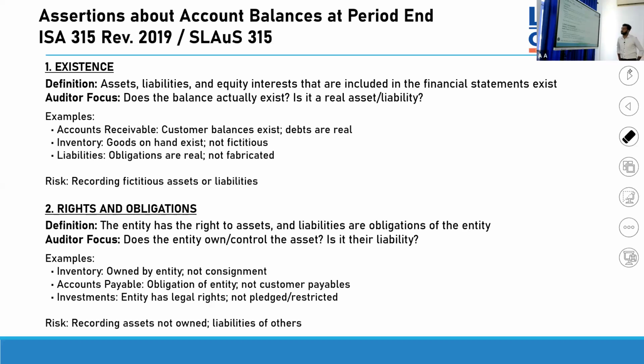Assertions about account balances at the period end, which we use to prepare the balance sheet or the statement of financial position. It starts with existence, which means assets, liabilities, and equity interests that are included in the financial statement exist, right?